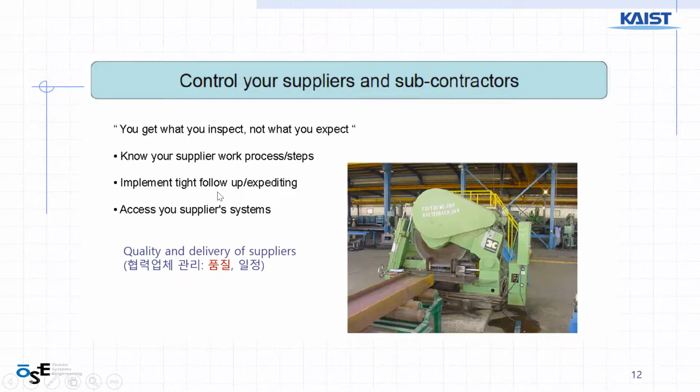And then tight follow-up and expediting should be required, and also the suppliers' software system or information system also helps, but there should be limited access naturally, so that quality and delivery of suppliers is important to the whole process of engineering and construction.